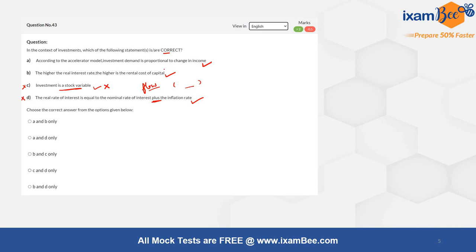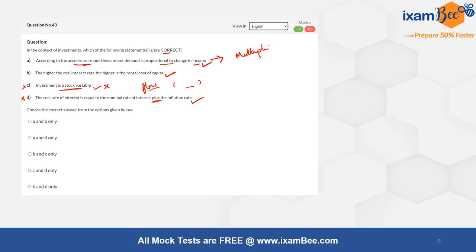However, the higher the real interest rate, the higher is the rental cost of capital. This is true, because if the rate of interest is higher, the cost of capital would be higher. And according to the accelerator model, the investment demand is proportional to changes in income. So it is the right opposite of the multiplier effect.